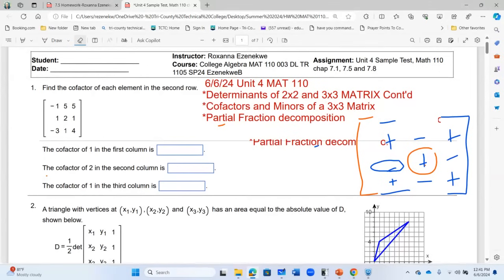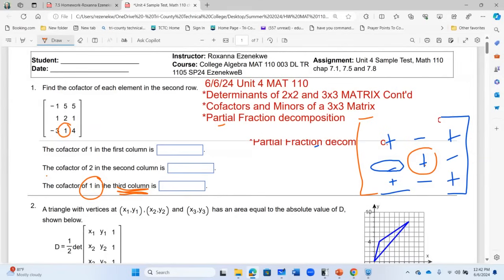All right, so I'm looking for the cofactor of 1 in the third column. I have to be careful because you want to know which one you are looking for the cofactor of. So third column 1. So I'm talking about this one here, the 1 in the third column.